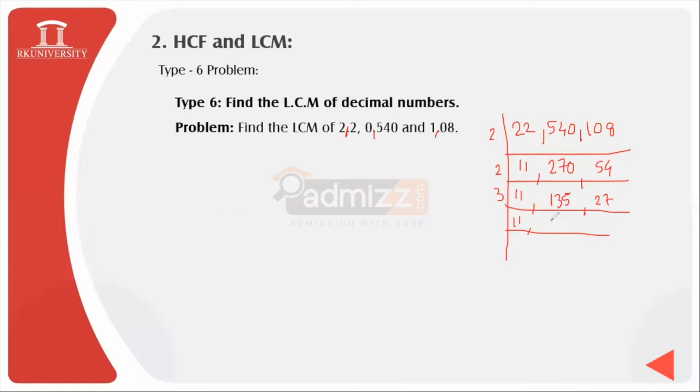Then we have 45 over here, 9 over here, 3, and 3 over here. Then we have 5, and lastly we have 11.